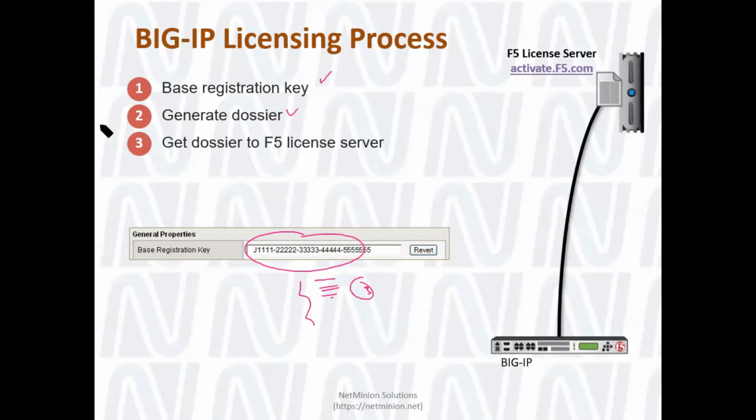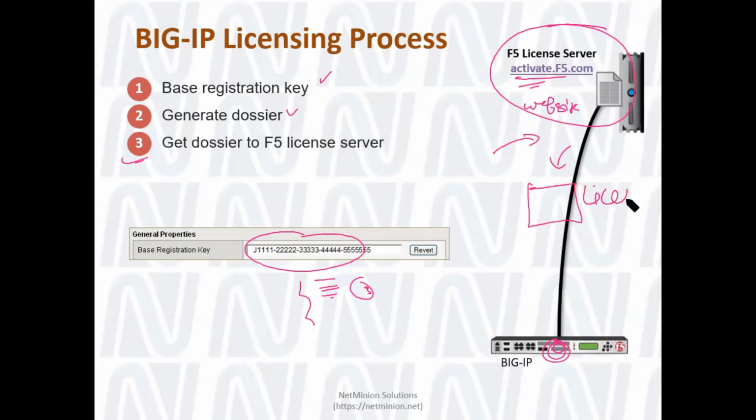Third, you take this dossier from your BIG-IP hardware or software to the F5 license server, which is nothing but a website. On that website, when you put this dossier, a license will be generated on the basis of that dossier. That license needs to be put back on your F5 device, and your device will be licensed.